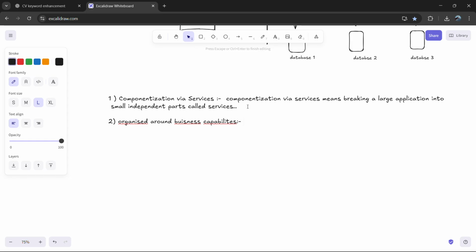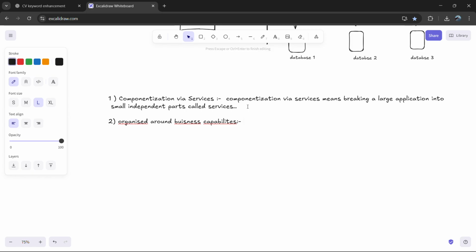What this says is that services are not designed randomly or based on technical requirements. Instead, they are organized around business capabilities. A business capability means a specific function that the business provides.